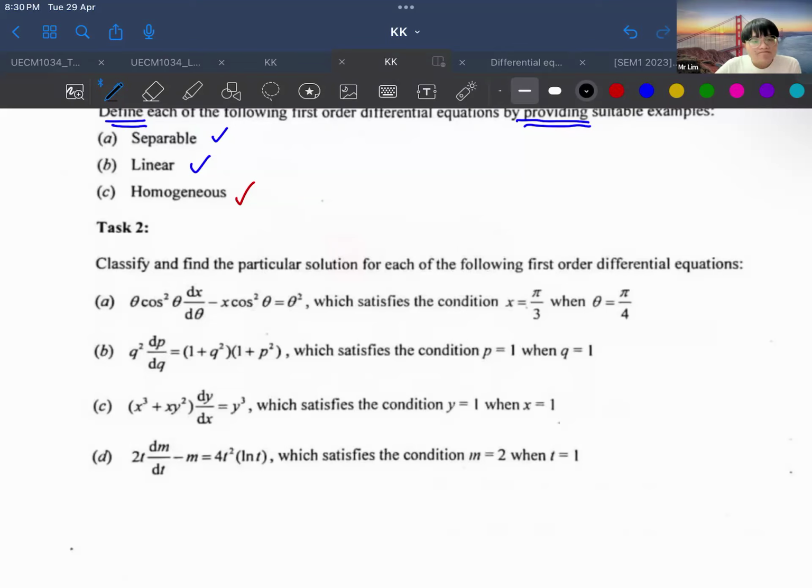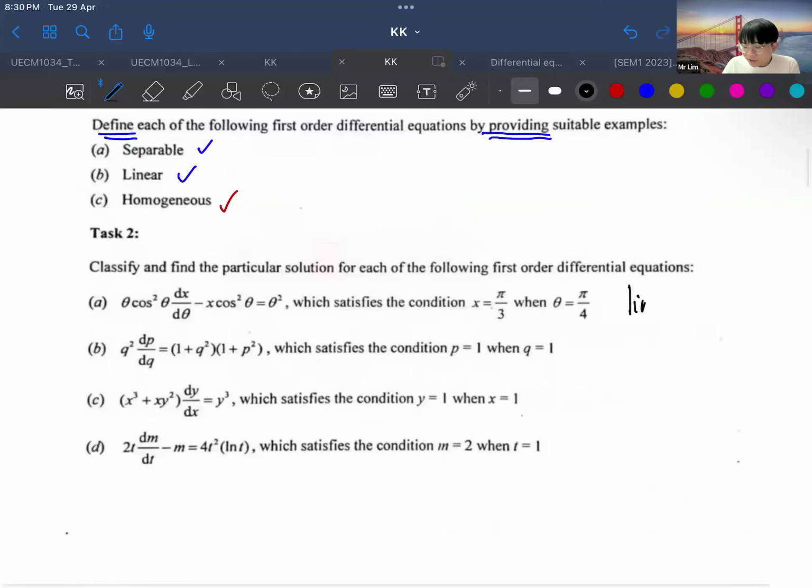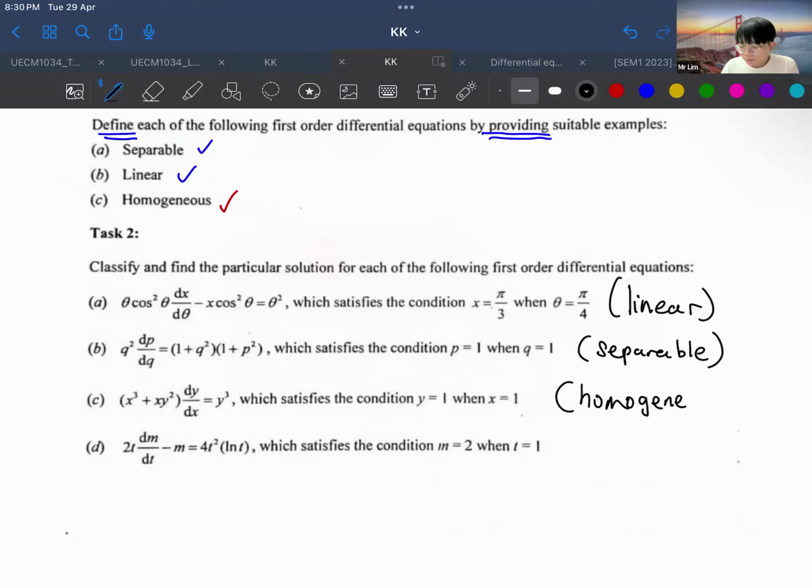So I'll just tell you. A is linear. B is separable. I don't give you the answer for D. You just identify it on your own, very simple. But I'm going to tell you C is homogeneous. So like this, I hope we don't need to cover A and B. Do we need to?